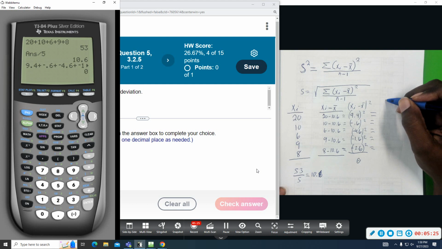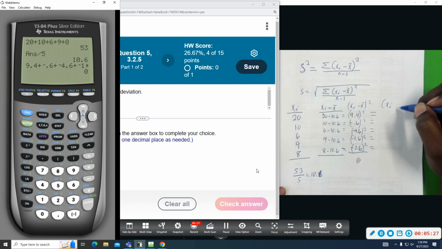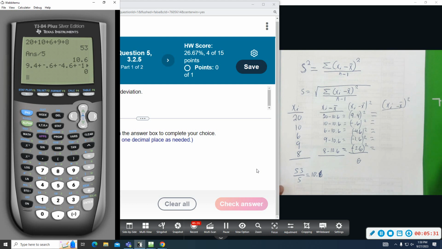So this is the x minus x bar squared computation. I'm going to go back to stat, my list. I'm going to tell list 3 to take the values in list 2 and then square them. So I get these numbers.